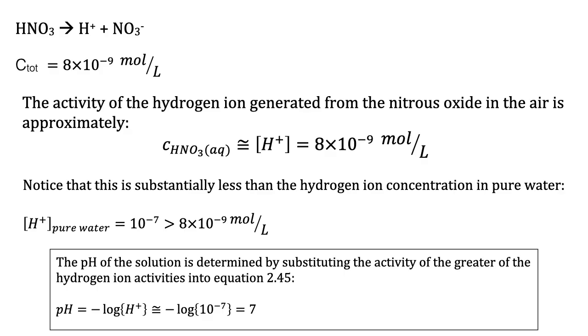Therefore, the pH of the rainfall, in this case, would be relatively unaffected. We'll see later that the concentration of H plus in rainfall actually does make rain acidic, but it's not from the nitrogen oxides. It's from other compounds like dissolved carbonates and sulfates in the atmosphere that change the pH of the rainfall.